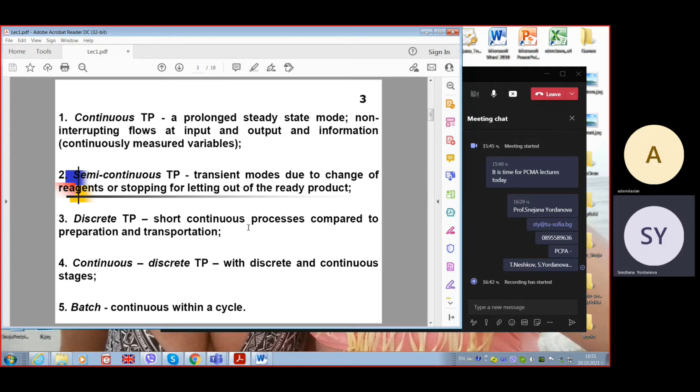Discrete is short continuous processes in comparison to operations like preparation, transportation. They are a combination, continuous and discrete, different stages, and batch processes where we have a cycle. So it is continuous within a cycle, but when the cycle finishes, you let the ready product out.